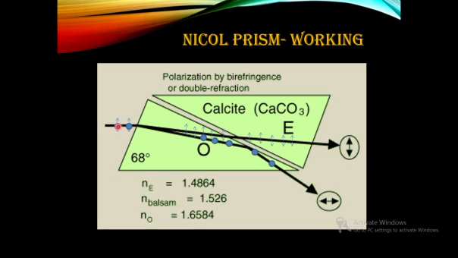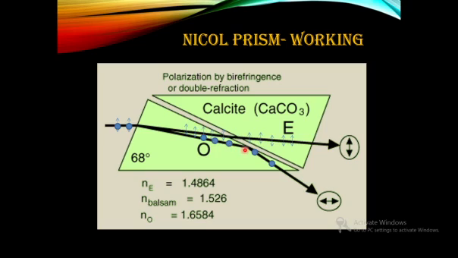So when a ray is incident on such a material, which is called a Nicol Prism, it is a doubly refracting crystal, calcite, and hence it will split up into extraordinary and ordinary rays as shown.